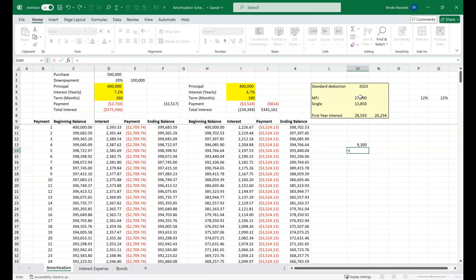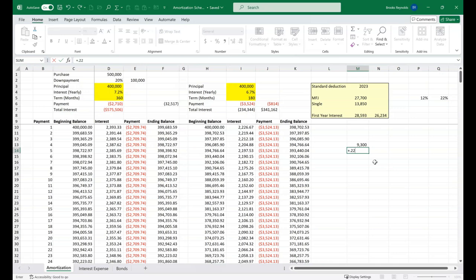And then depending upon your tax rate, let's say you're in the 20% tax rate, although there isn't any, let's say the 22% tax rate.